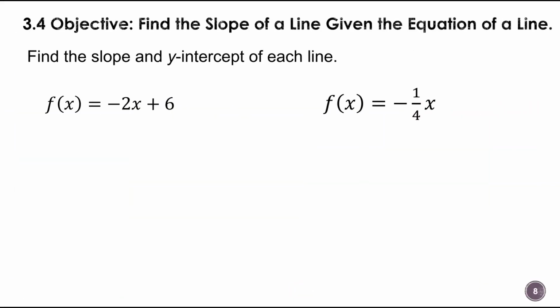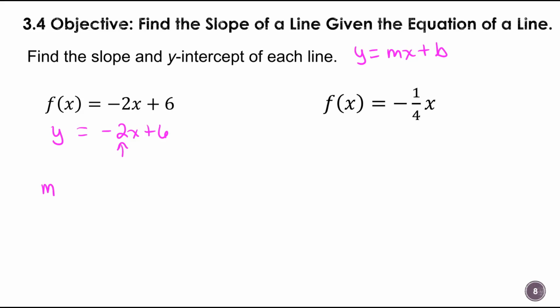It says find the slope and y-intercept of each line. Now these are already in function notation, so they're written as f of x equals. Remember that this means the same thing as y equals negative 2x plus 6. And if we're looking at the slope-intercept form, y equals mx plus b, then you can see that the m is the coefficient of the x term right here.